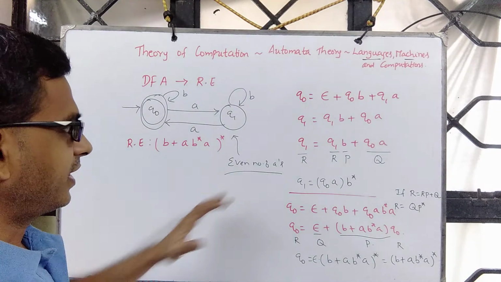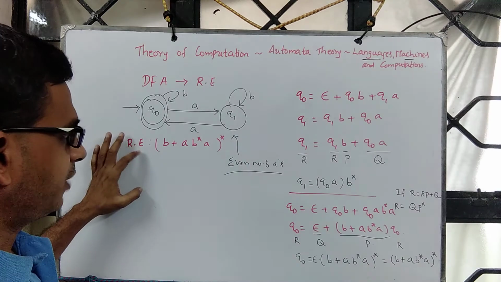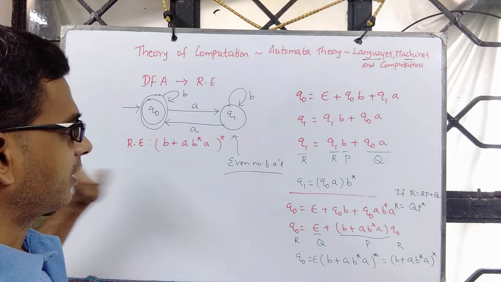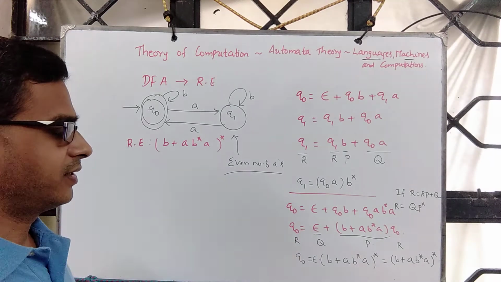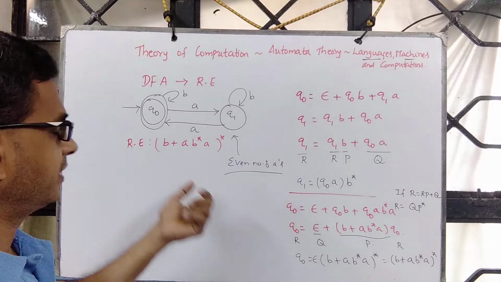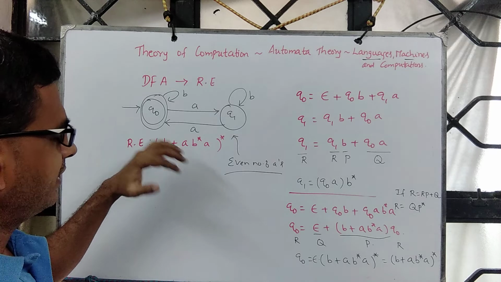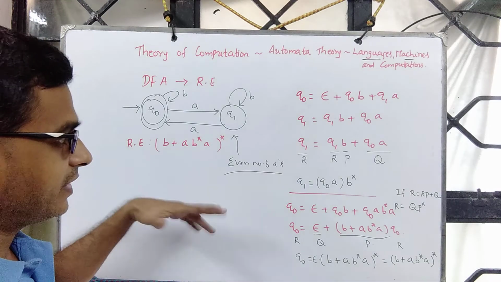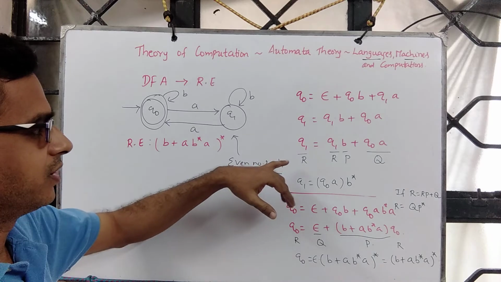Now it's so nice that a procedure like this gives you a regular expression, and in a systematic way we have developed the recurrence, and in some sense it is recursively defined, which is why we call it a recurrence relation.